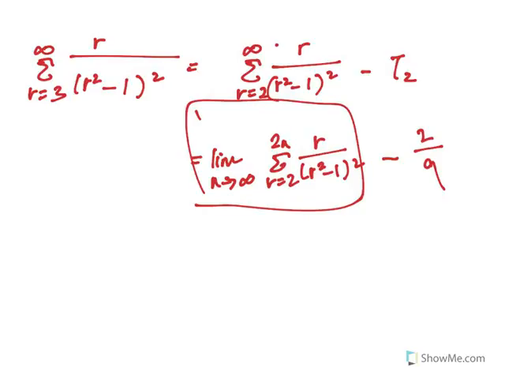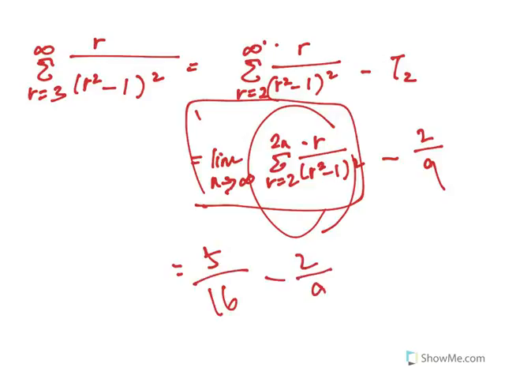If n goes to infinity, I can change this to n. Then this portion, as we know from part 1, will be this, which is 5 over 16. So you can see that this will go to 0. Then you're left with 5 over 16 minus 2 over 9. That's how you get this.